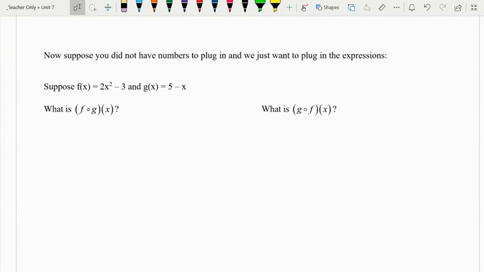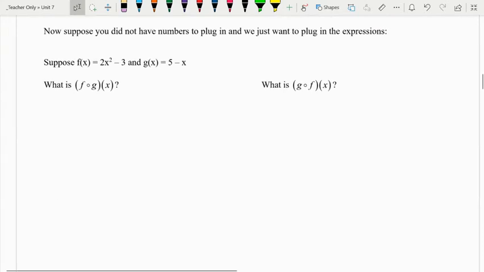Now, suppose you didn't have numbers to plug in and we just want to plug in expressions. So what is f of g and what is g of f? So in this case, f of g is still f of g of x. So now instead of putting something in for x and then putting whatever your result is in for y, or into f of x, I'm sorry, we are just going to plug this whole function into f of x for our x.